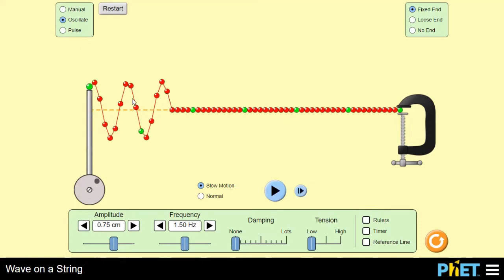Okay, this is the initial wave. We know that this is a transverse wave initially, and to measure one wavelength, it should consist of one crest and one trough. So the wavelength we can measure from this point until this point.